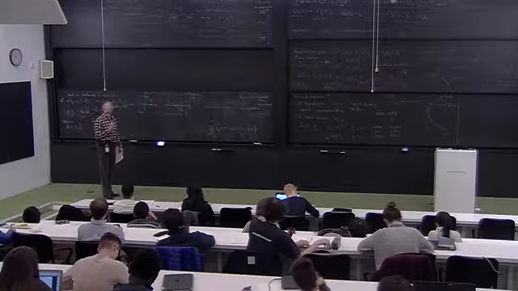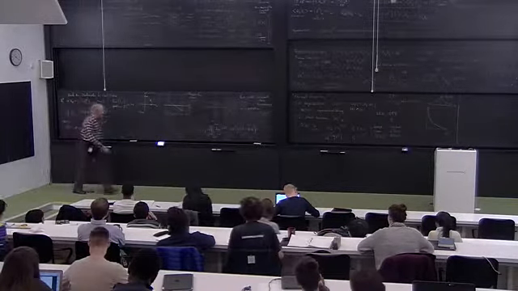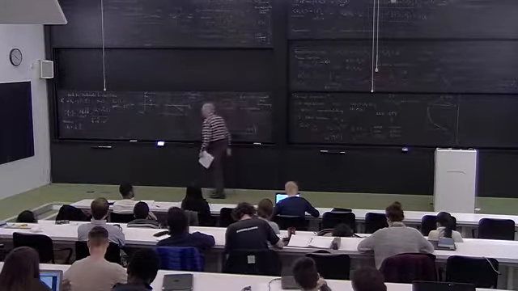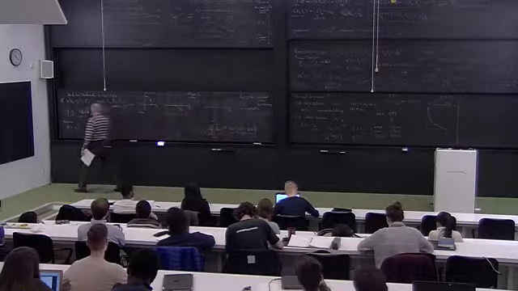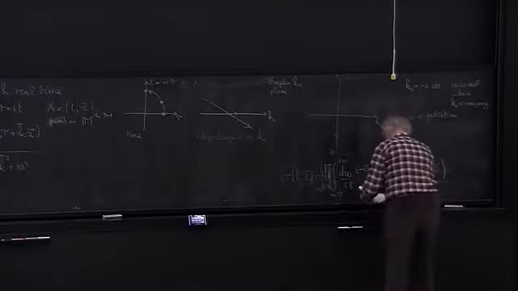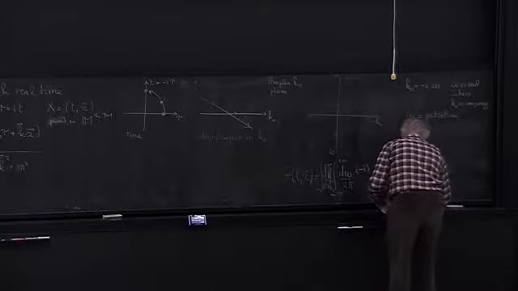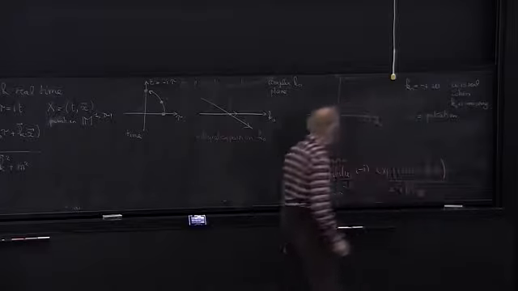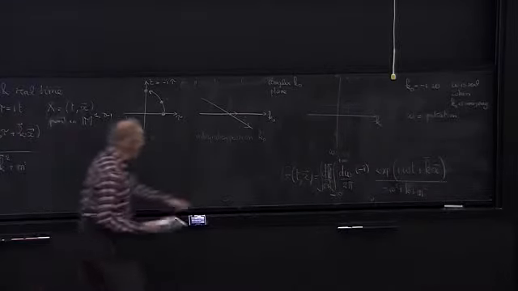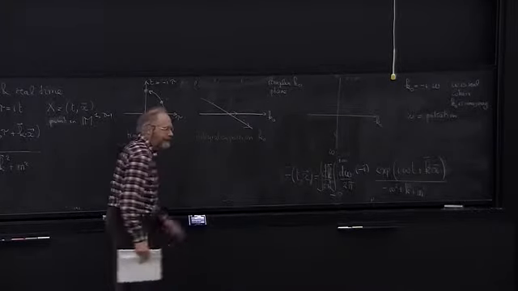I have no need to, because k is still real, x is still real, so there is no problem. And this becomes, k naught squared becomes minus omega squared plus k squared plus m squared. Okay. So this is just the analytic continuation to real time of this formula for imaginary time.